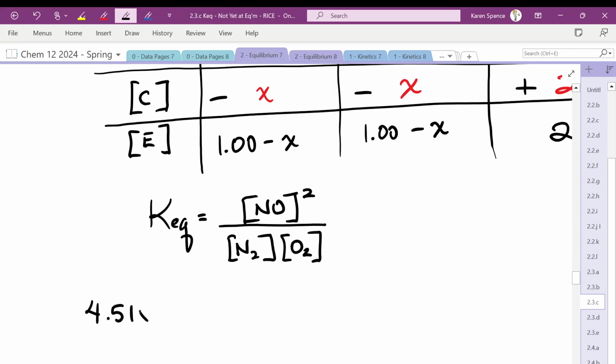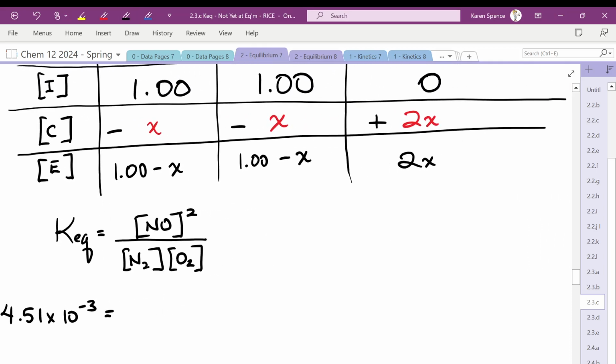4.51 times 10 to the minus 3 is equal to, and then we start plugging in our equilibrium concentrations from up in the rice table. So we have 2x squared. Do you like how I wrote that?